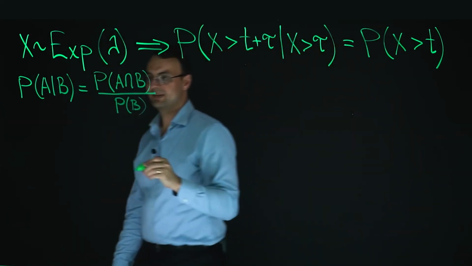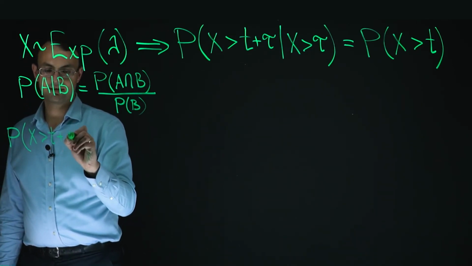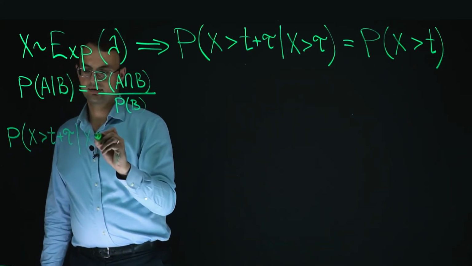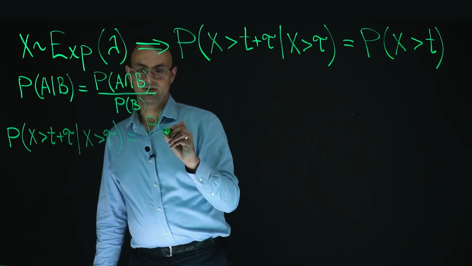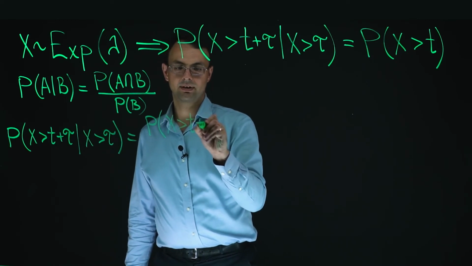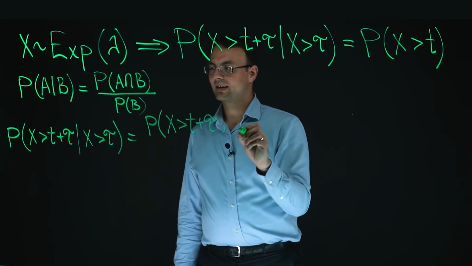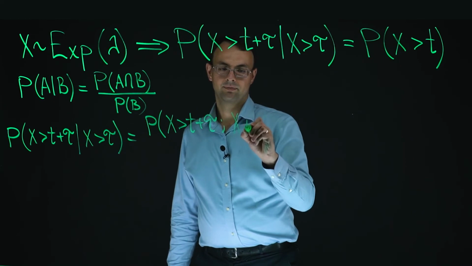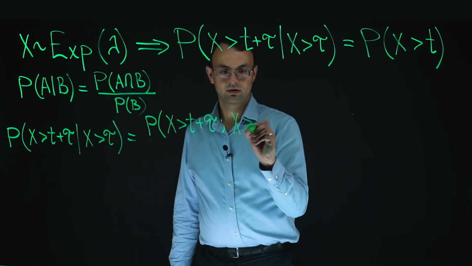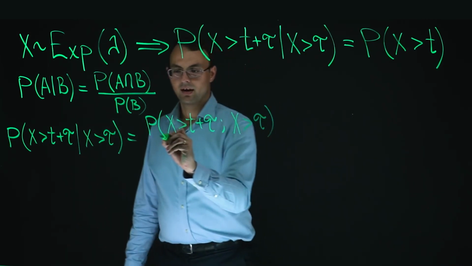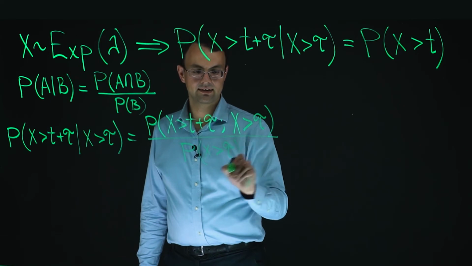The probability that x is more than t plus tau, given that x is more than tau, is, according to this formula, the probability that x is more than t plus tau, and I use this sign instead of intersection, so not given, but at the same time, x is more than tau, divided by the probability that x is more than tau.